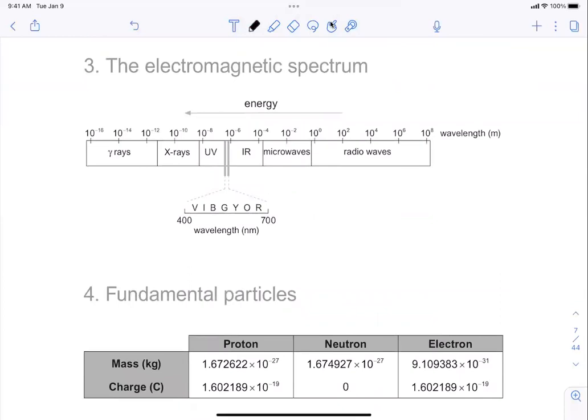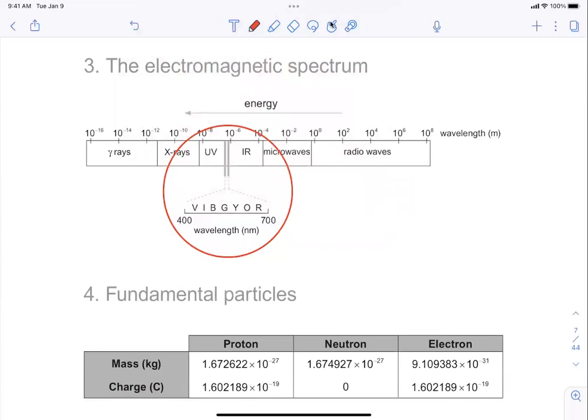Electromagnetic spectrum. Understanding the different types of electromagnetic radiation there are and how their energy is ranked. Now, I would focus on knowing kind of this major area here, knowing what visible light has the highest energy and has the shortest wavelength, which is violet, which one has the longest wavelength, which is red. And then IR, infrared, has a longer wavelength than red, and UV, ultraviolet, has a shorter wavelength than violet.